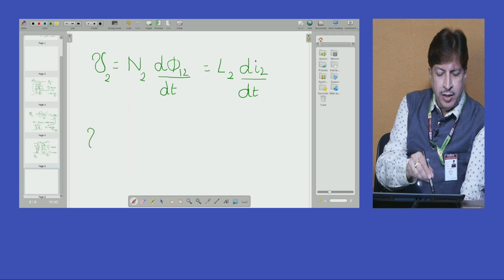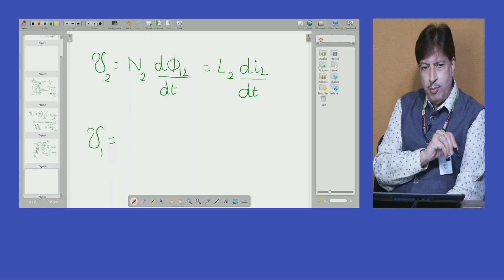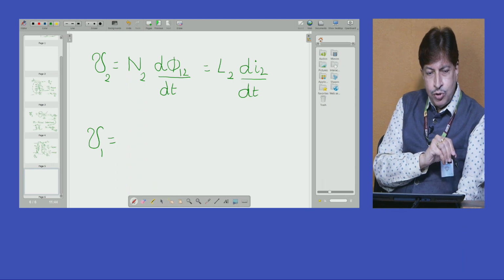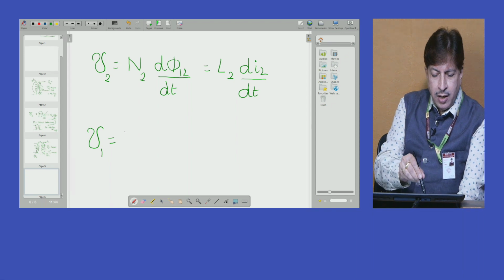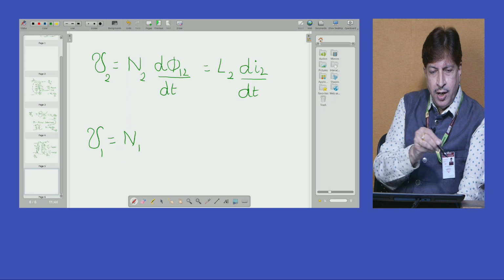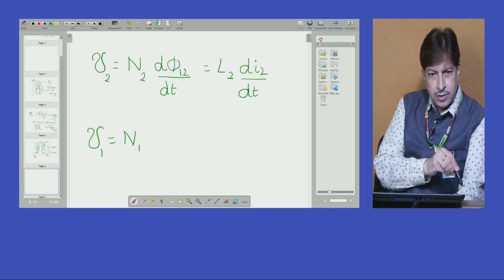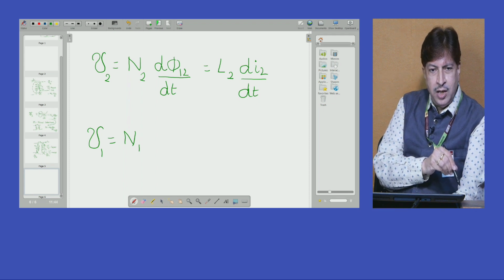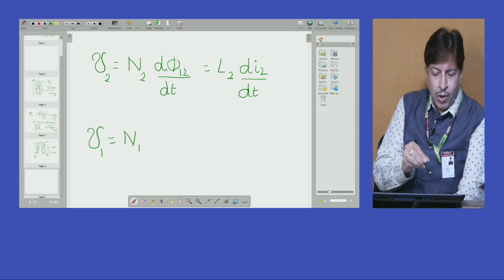Now V1 is a mutual EMF. Mutual EMF in coil number 1 in terms of number of turns: it has N1 number of turns. What is the flux associated with coil number 1?